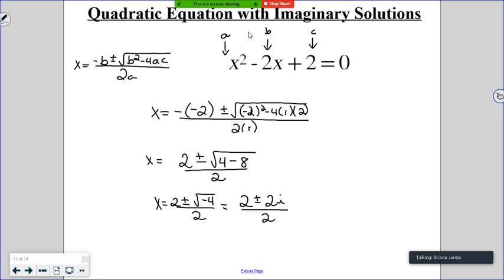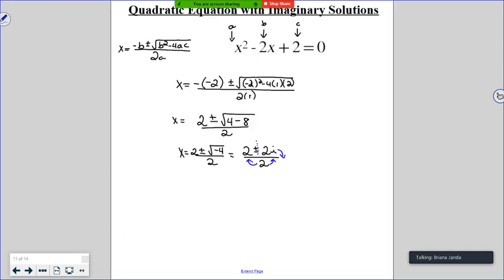And then anytime we have both a real and an imaginary, we're going to break at the symbol and give them both our common denominator. In this case, that is a 2. So we're going to break at that plus or minus and give both the real and the imaginary part of that the denominator of 2. And I'm going to slide that i off to the side like I've done with every other problem. So 2 over 2.